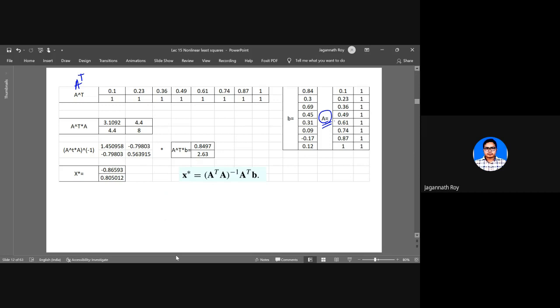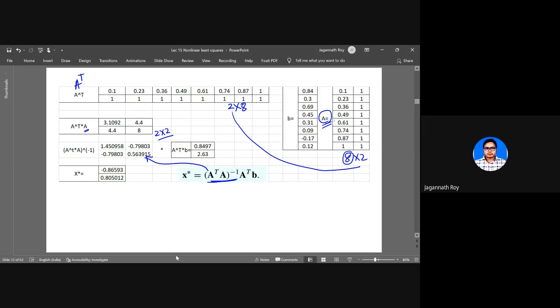Just transpose it, and then you have to find A transpose into A. So this is a 2 by 8 matrix, and this is 8 by 2. So the product will be a 2 by 2 matrix. Now we have to take the inverse. So this is A transpose A inverse.